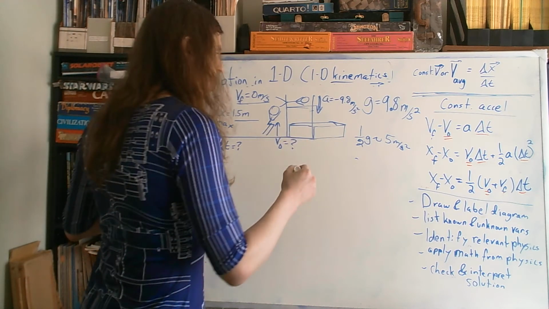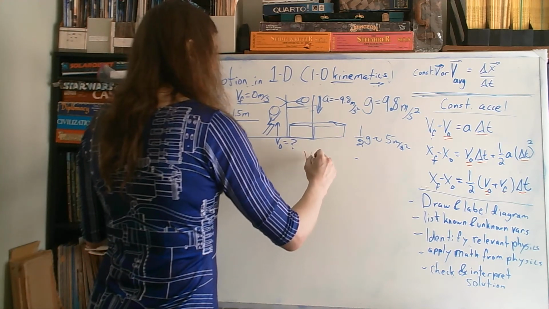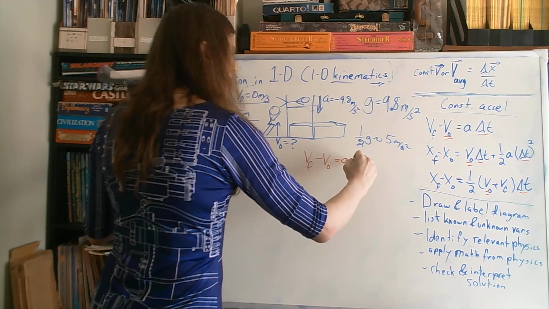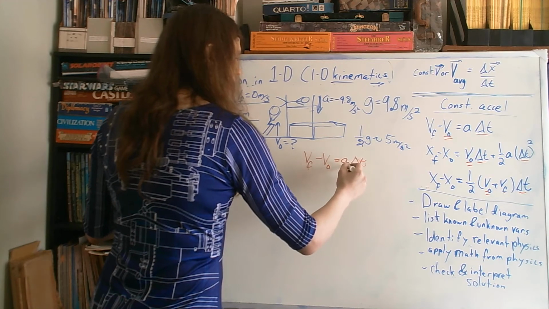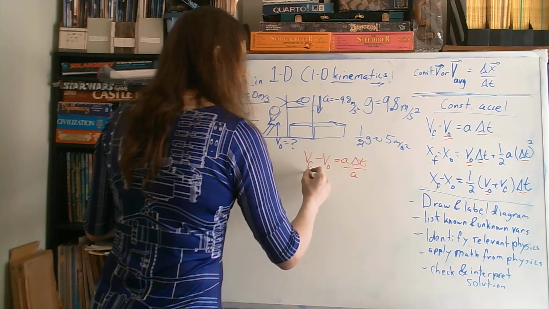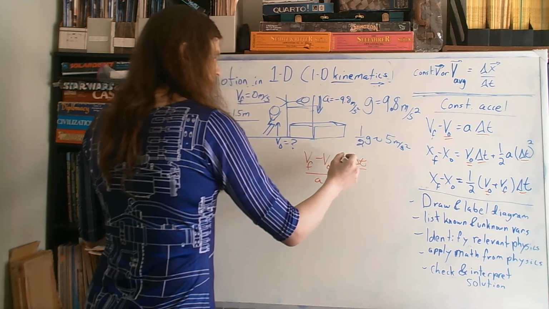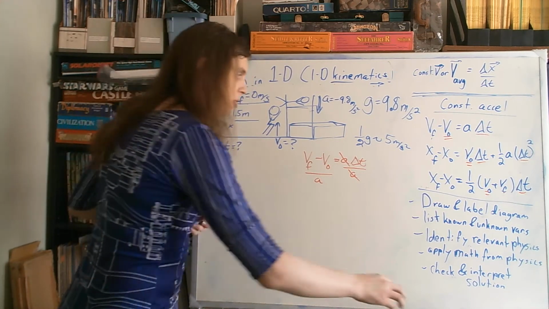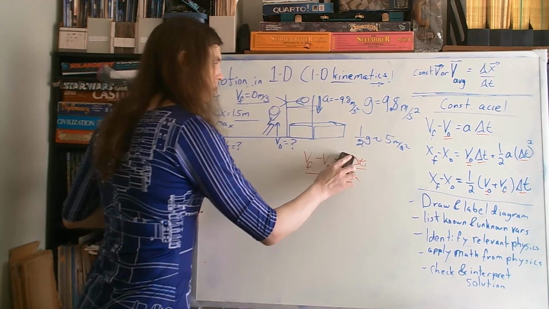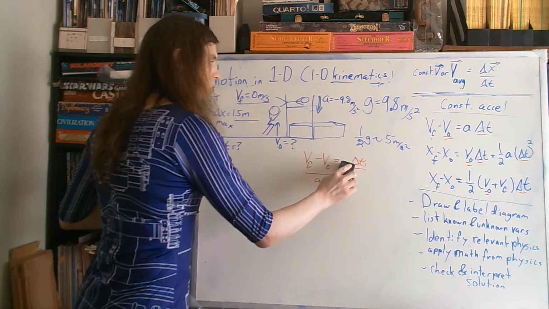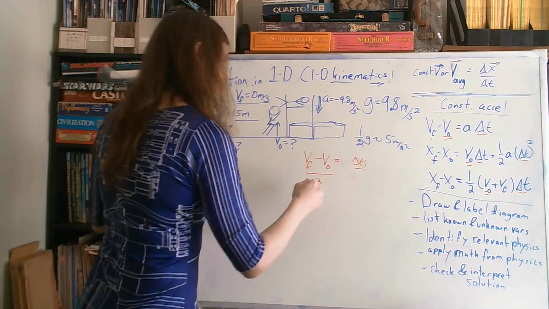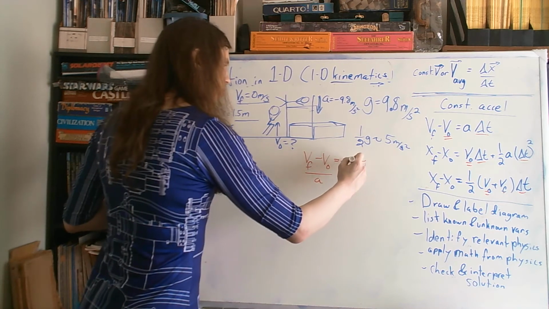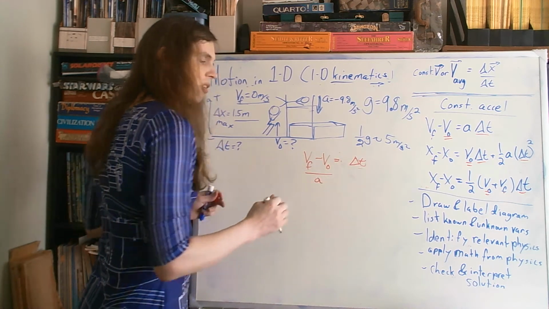So if I take that top equation there, v final minus v0 equals acceleration times change in time, and divide both sides by acceleration, we're left with change in time is equal to the change in velocity divided by acceleration.